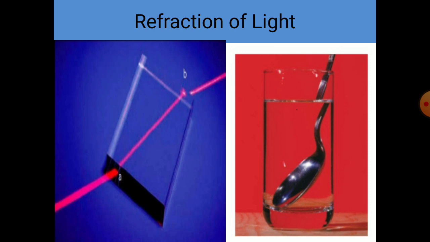So we come to know that a ray of light, while traveling in one transparent medium, deviates from its straight line path when it comes across another transparent medium. This phenomenon of bending of light is known as refraction of light.